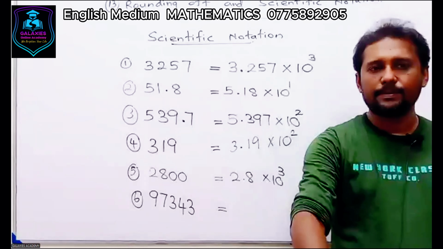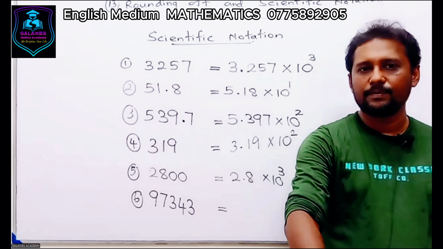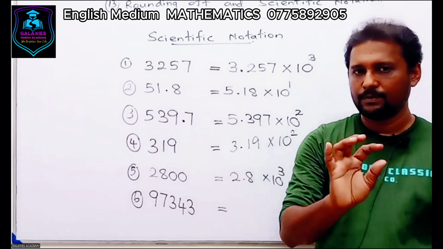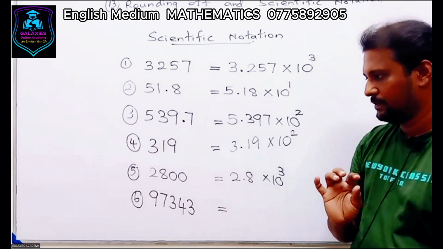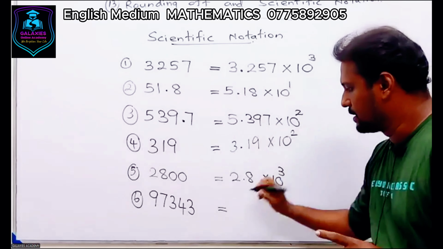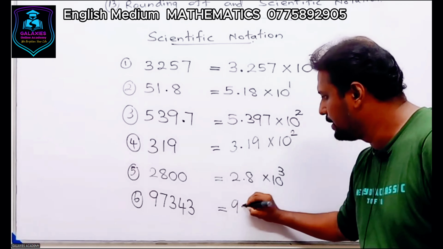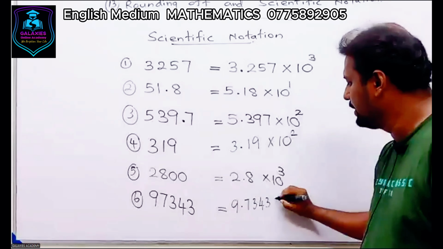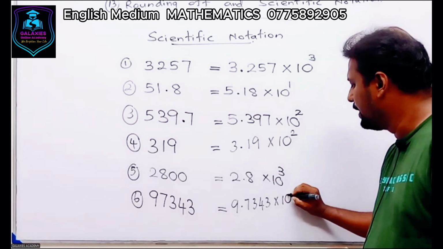Right, okay. Did you write the scientific notation? First, you have to write what? 9.7343. Yes, 9.7343 multiply 10 to the power.